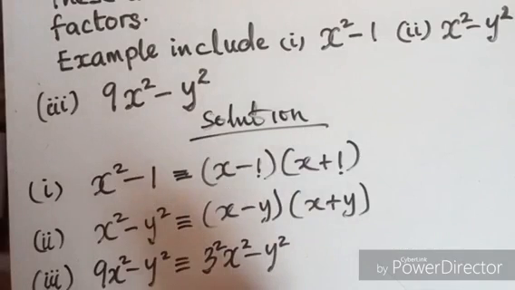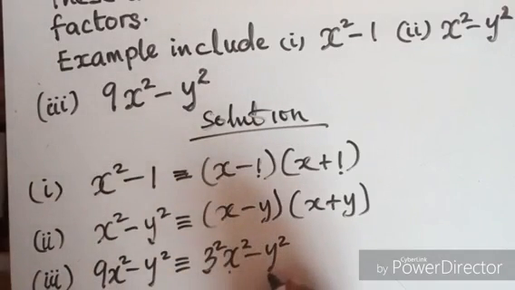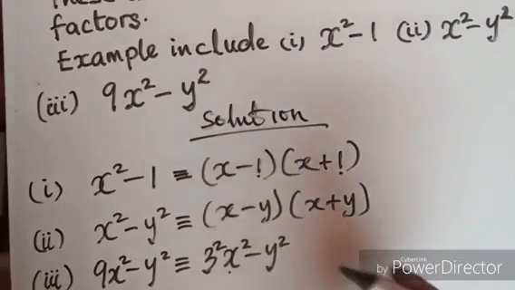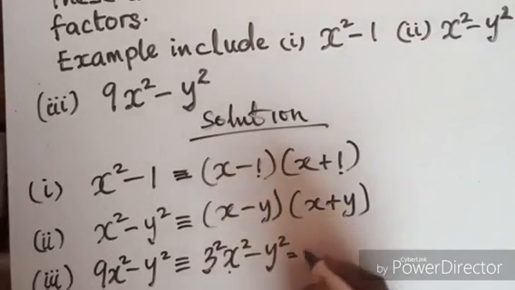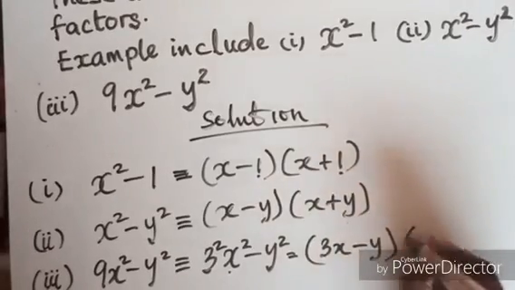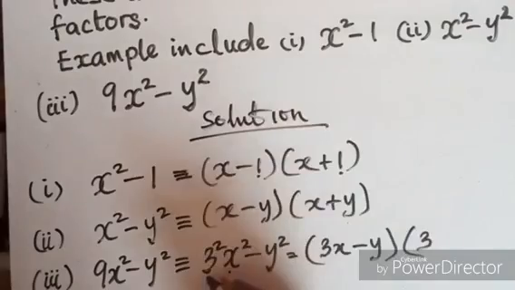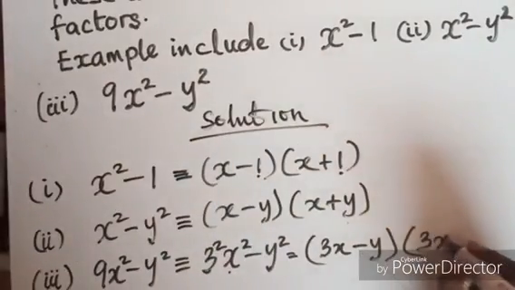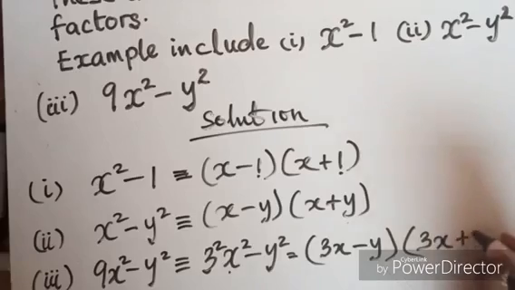Do you see that? 3 squared is the same as 9. Then x squared is still x squared, and y squared. Y squared has two different factors, as I explained here. So this one is going to give me 3 times x minus y, and another 3 times x plus y.